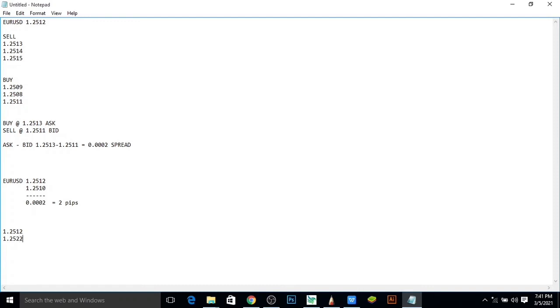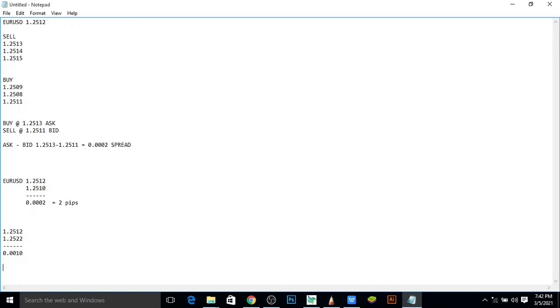How many pips increase do you think that will be? The simple answer is you can just do your subtraction, and you have 0.0010.